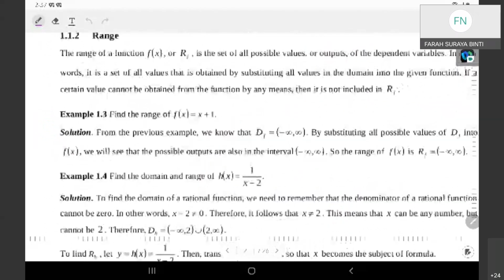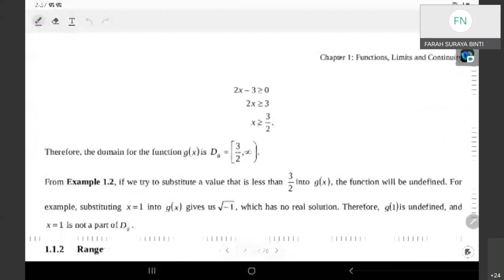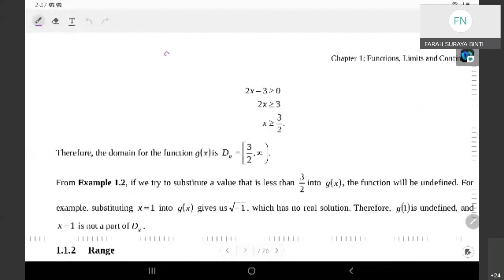So, sambung kat sini. Okay, tadi function dia macam ni. Square root 2x minus 3. So, the value inside the square root must not be less than 0, meaning that it must be more than or equal to 0.